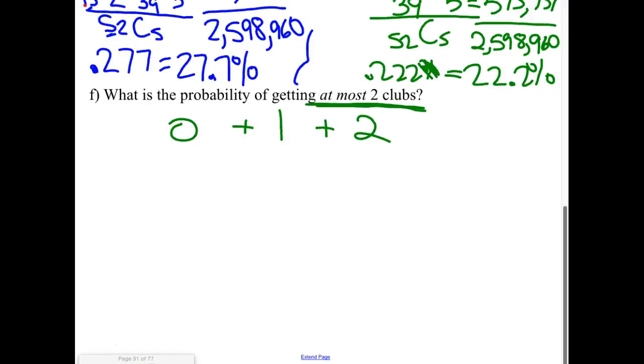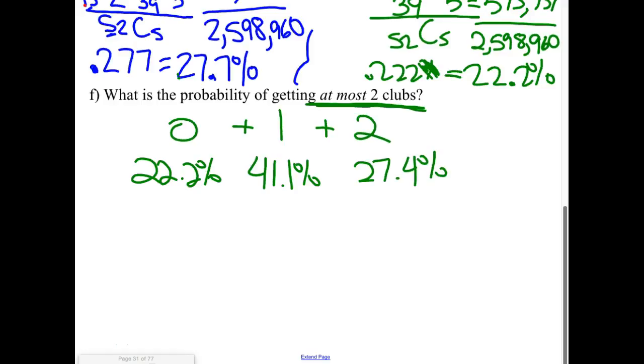Well, we already found that, guys, right? We just found that up above here. When we found 0 clubs, we were at 22.2%. When we found 1 club, we were at 41.1%. And when we were at 2 clubs, we were at 27.4%.